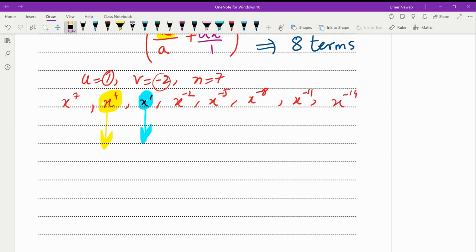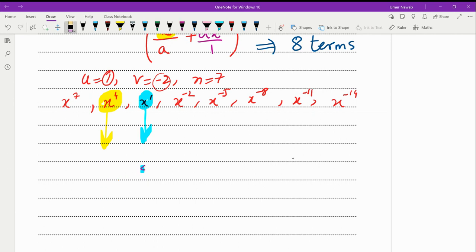So I want this second term, so this should be 7c1. You have to put the two brackets, and for the power you always write 7 minus 1, this minus this, and whatever you see here you put it there.